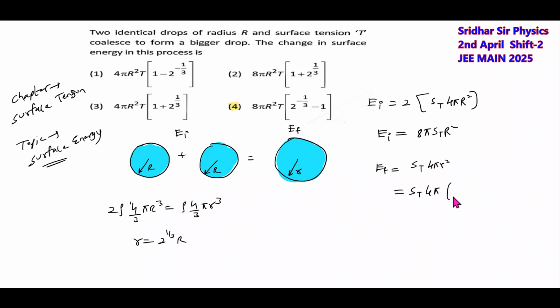R square will be, this will become ST 4 pi 2 to the power of 2 by 3 r square. The final energy will be 4 pi r square ST 2 to the power of 2 by 3.